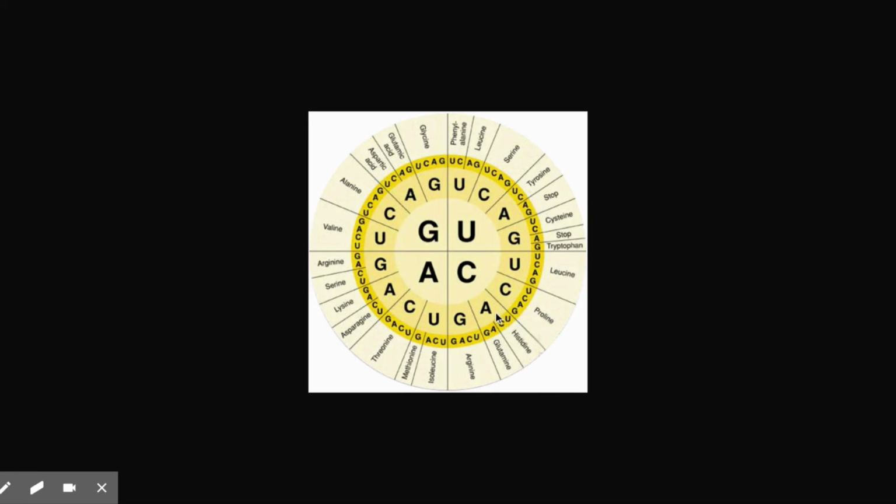So sometimes a substitution can cause a different amino acid to be added, and sometimes it causes the exact same one. So a mutation could be silent and code for the exact same amino acid, but it also could affect change on that protein. It could create new amino acids to be added to the protein chain.